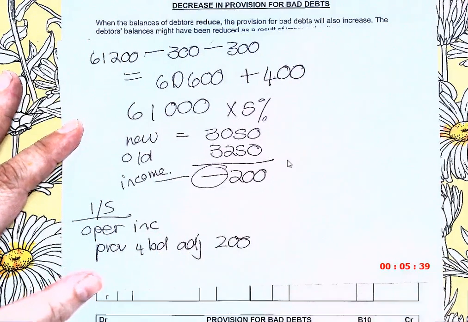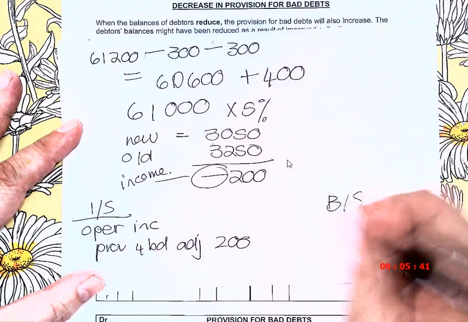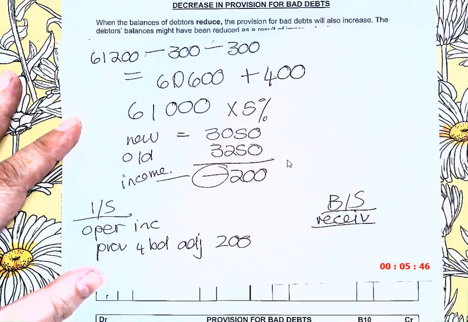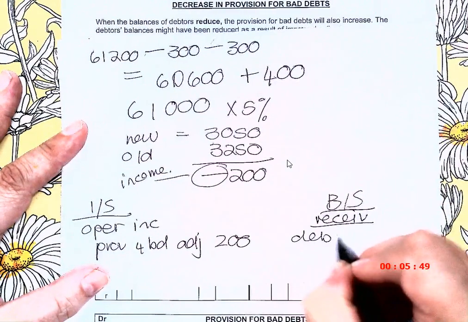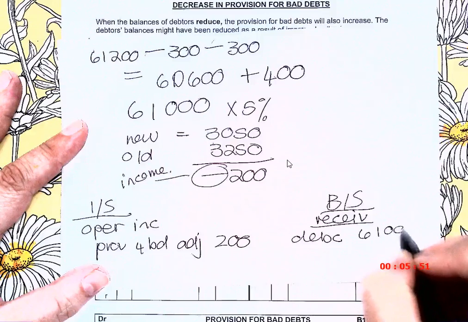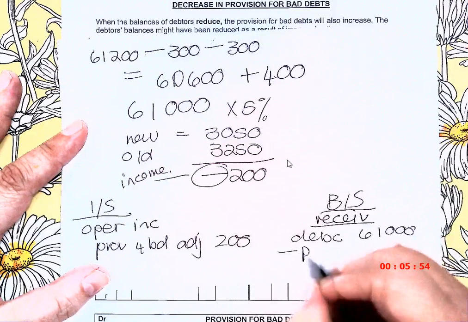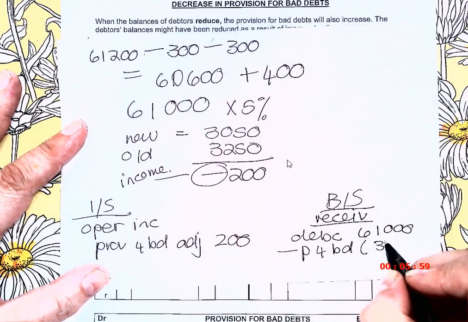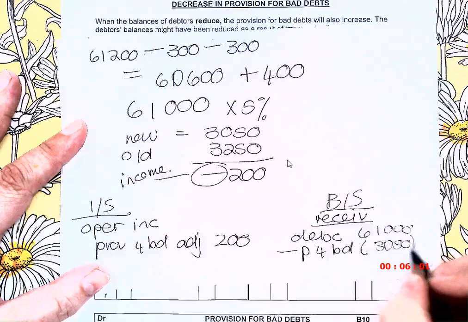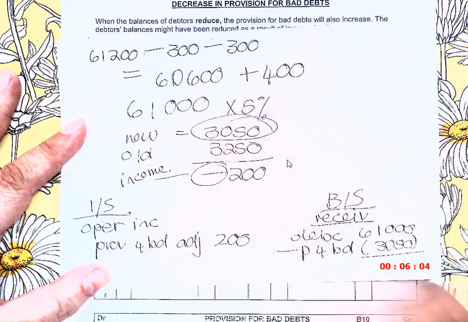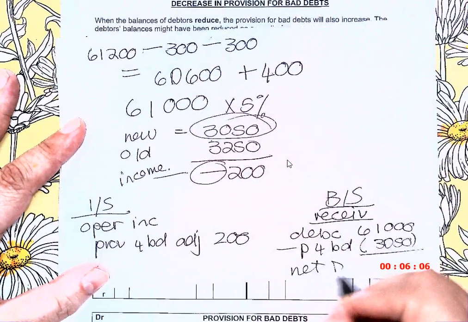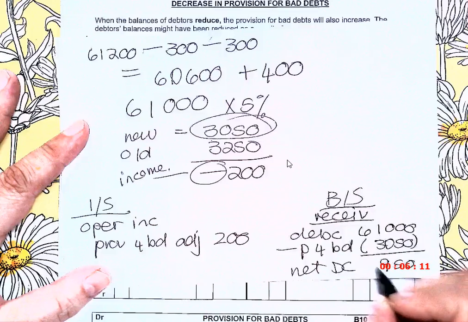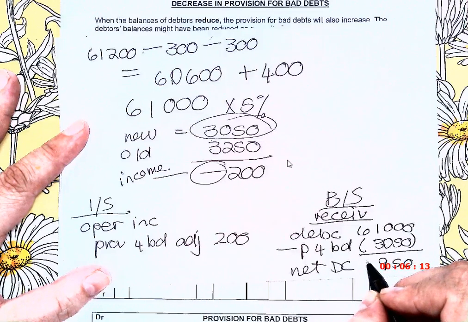Okay. In my balance sheet under receivables, I will have debtors control 61,000 less provision for bad debt, in brackets, 3,050, because I want the new one, and then I have my net debtors control. 9 minus 3 is 6.